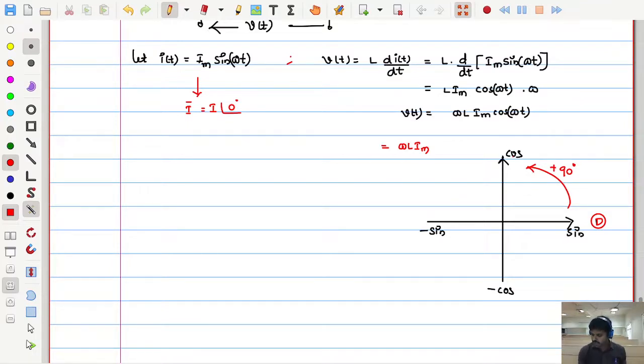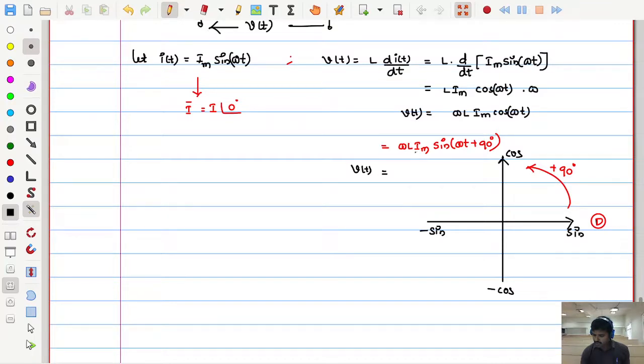So I can write this cos equivalently as sine of 90 plus this function, so sine of omega t plus 90. You can further simplify this, just to see that the voltage can be represented in this way.